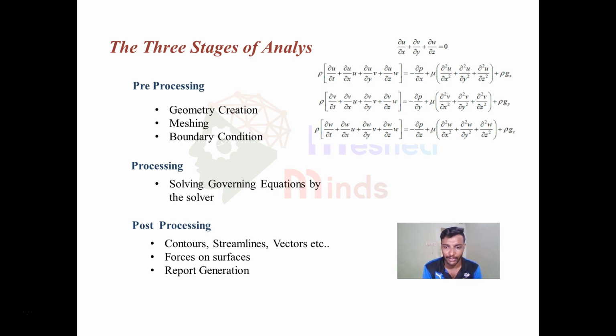These boundary values can be forces, supports, temperatures, velocities, pressures, or anything in that order. But Ansys always needs a kind of start value, that is what are the parameters at the boundary. Let us assume that if it is a pipe flow, then what is the pressure and velocity at the inlet. If we can specify that, it will compute the pressure and velocity at the outlet. So these are actually called as the boundary conditions.